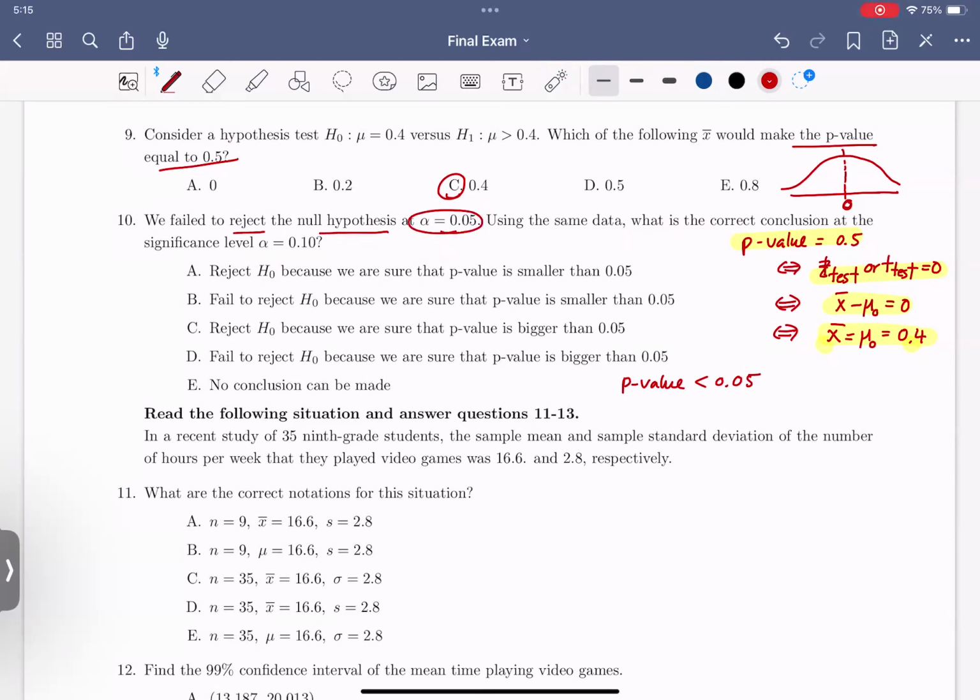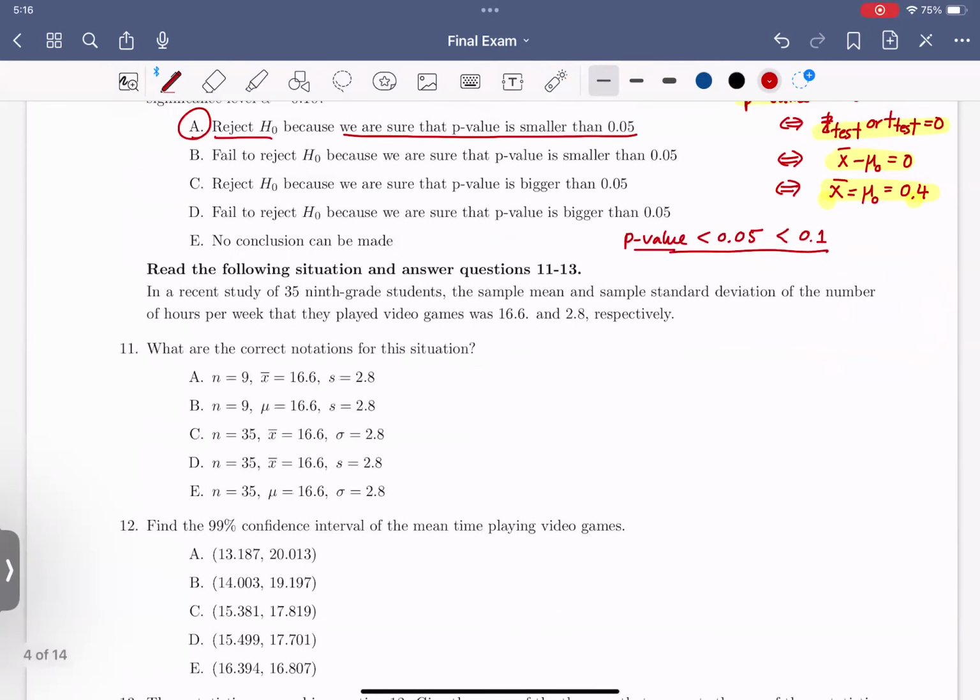Now if you switch alpha to 0.1, since 0.05 is less than 0.1, the p-value is going to be less than 0.1 as well. So the conclusion is going to be choice A. You are going to reject the null hypothesis as well, because you are sure that the p-value is smaller than 0.05, which means it is less than 0.1 as well. Okay, all right, next one.